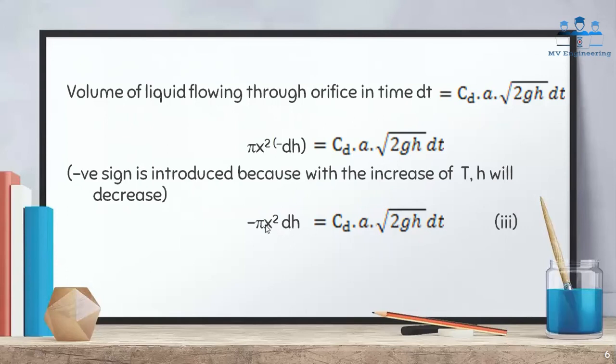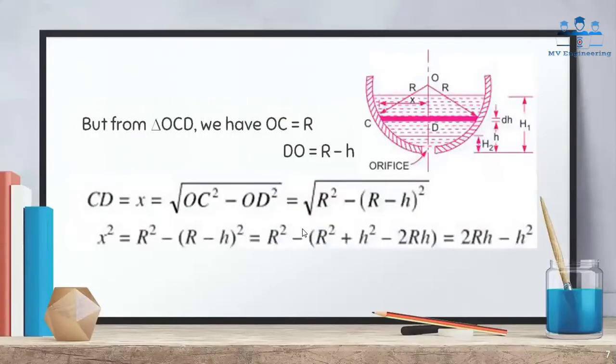Now we have to express this x in terms of h. So for that, we are going to consider the triangle OCD. We know that OC is nothing but the radius of the hemisphere, that is capital R, and again we can see in this figure the value of OD.